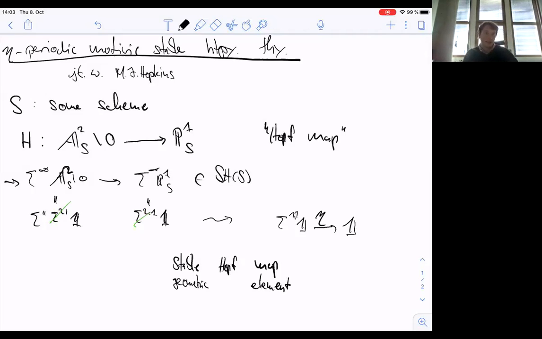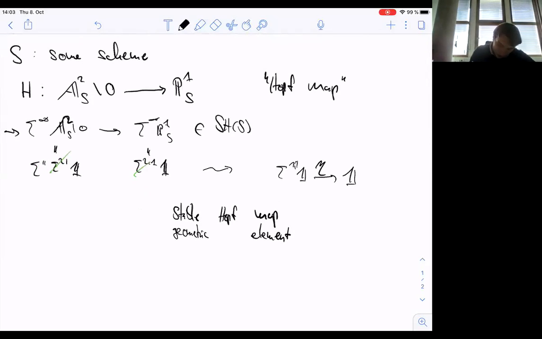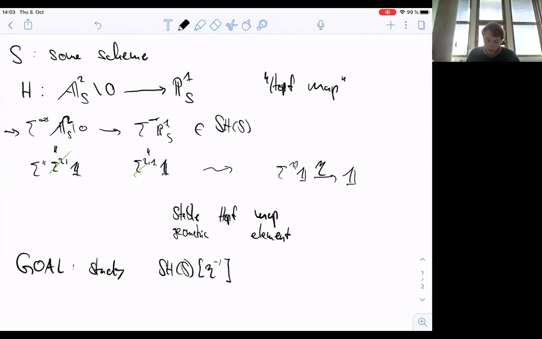So this is the eta which my title refers to, and then we can immediately formulate what our goal is. The goal is to study the following category. I take the Motivic stable homotopy category over S, and I want to invert eta. What this means is I look at those spectra which think that eta is an isomorphism.